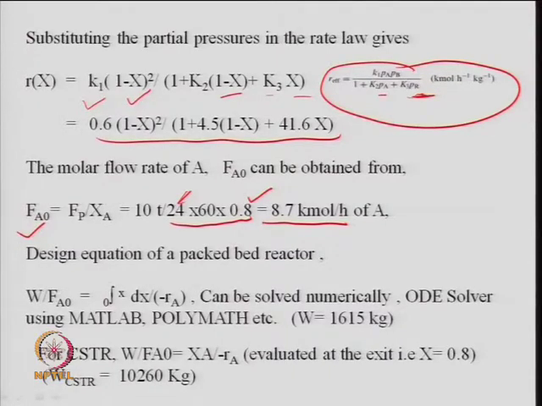Now this value will be substituted in this equation, which is W by F A naught equal to the integral from 0 to x of dx upon minus R A. This equation can be solved analytically. If not possible, then one can use any ODE solver, any ordinary differential equation solver, or MATLAB or Polymath.